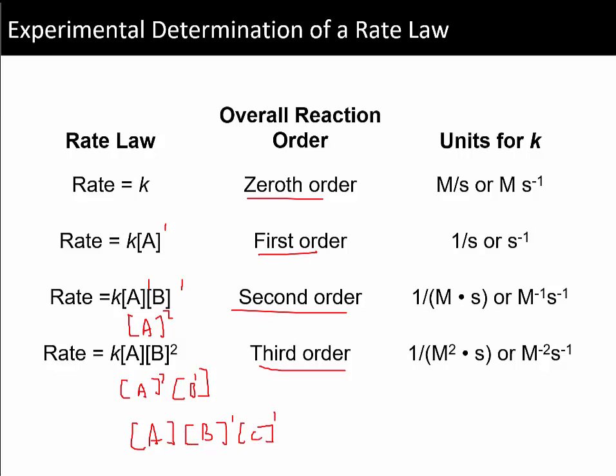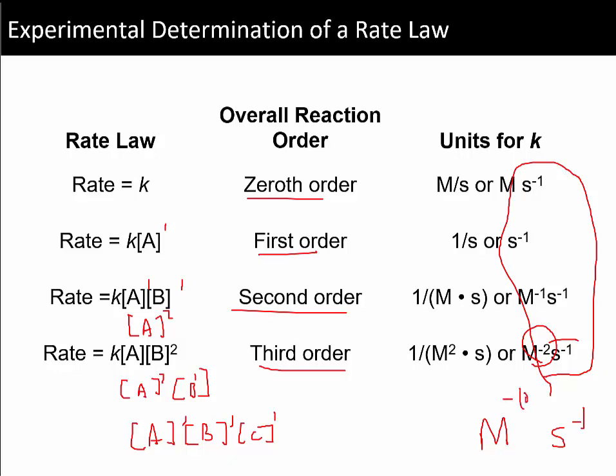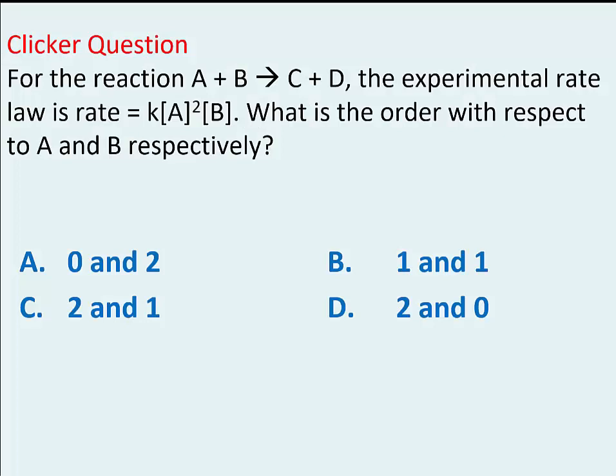As long as it is third order, your units are going to end up as molar to the minus 2 seconds to the minus 1. So what's consistent? They're all going to have seconds to the minus 1. And then it's going to be molar to the minus whatever the reaction order is, minus 1. Okay. It's just a little trend there.